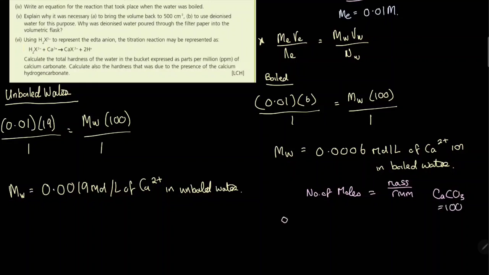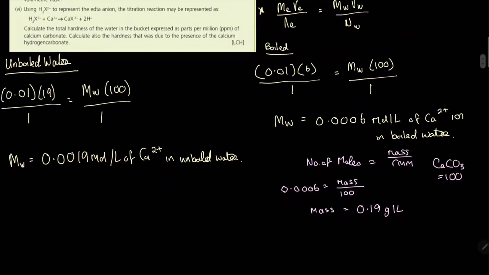So take the 0.0006, mass over the 100, and we'll find out our mass of the calcium carbonate to be 0.19 grams per litre.